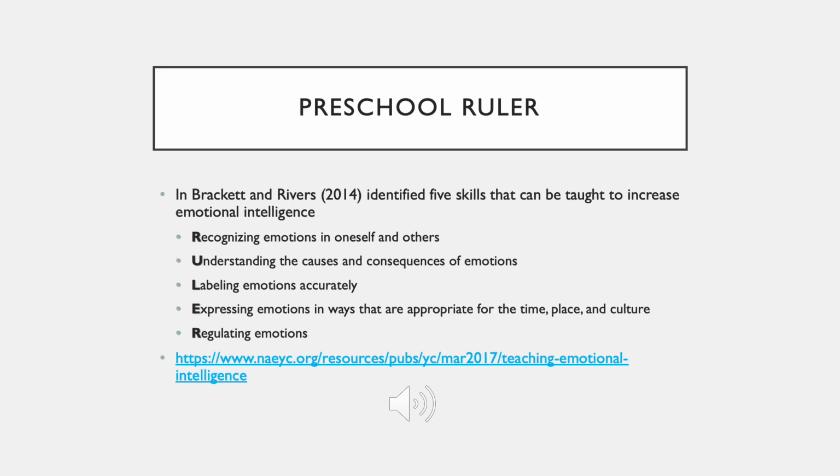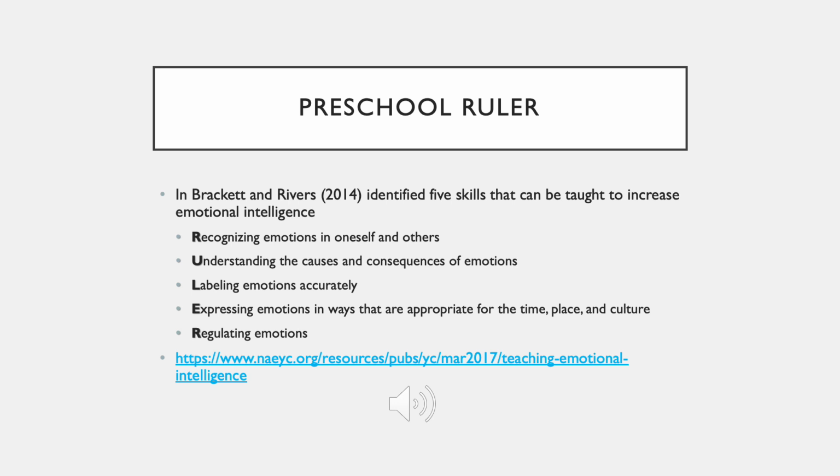All of these pieces fit in nicely together. Then there is expressing emotions in ways that are appropriate for the time, place, and culture. There are different ways that we might express our emotions in different settings with different people, depending on what the emotion is. And finally, regulating our emotions. We are expressing them, but we also need to think about how to regulate this big feeling that I'm having right now.